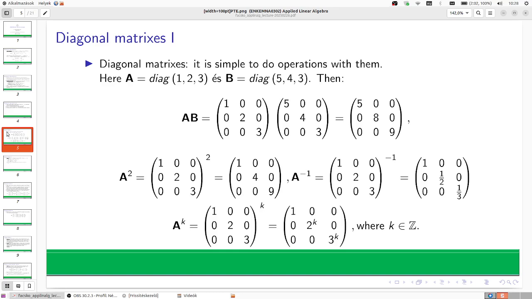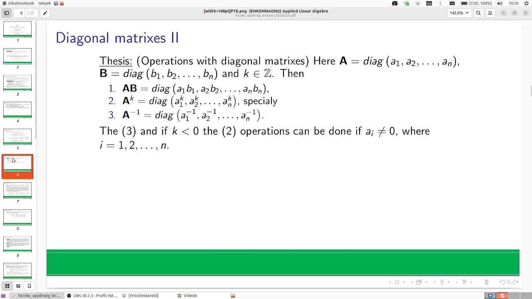The operations, multiplications, are very, very simple with them. You know that already because I have told you. There are some theorems on how to calculate the inverse, the power, multiplication, everything, that's fine.